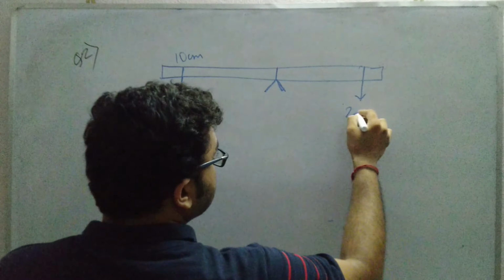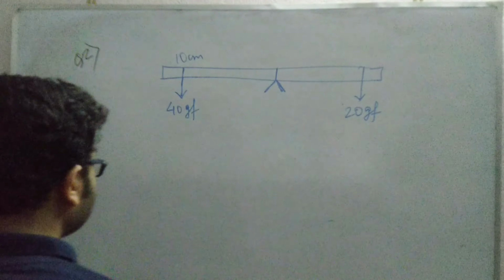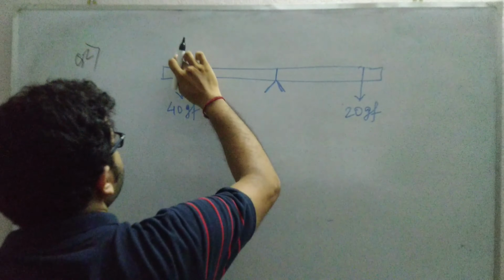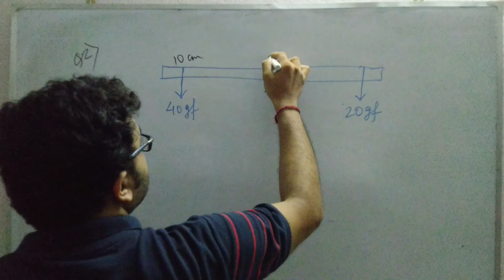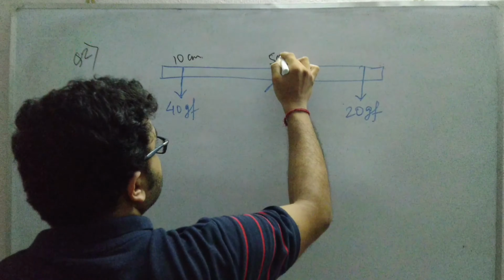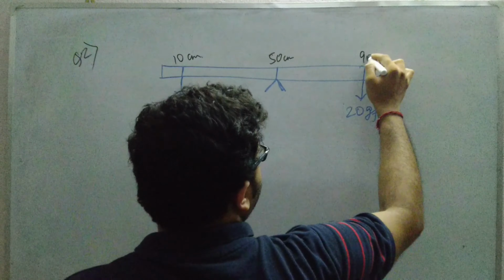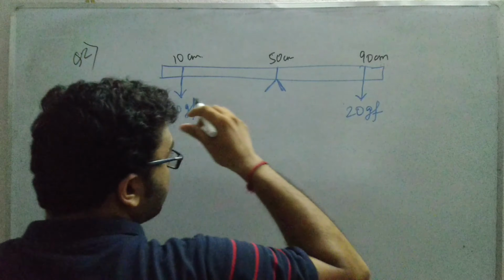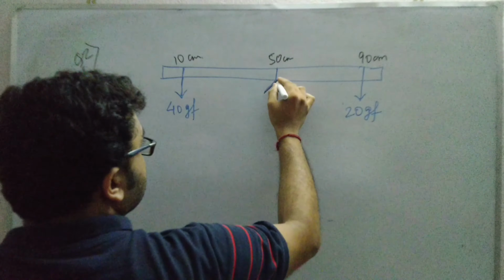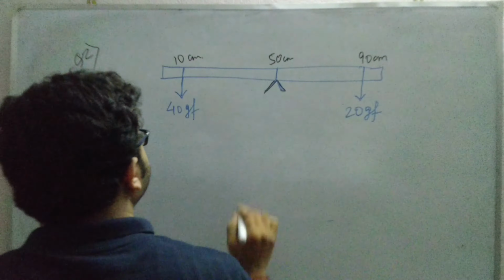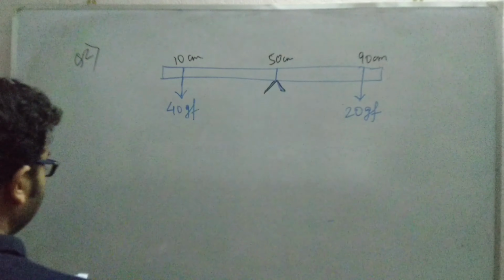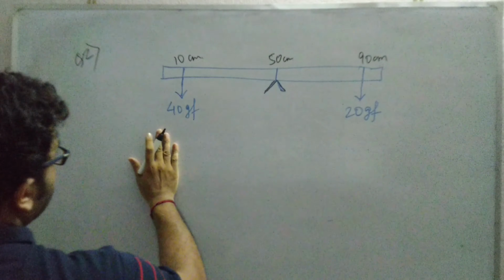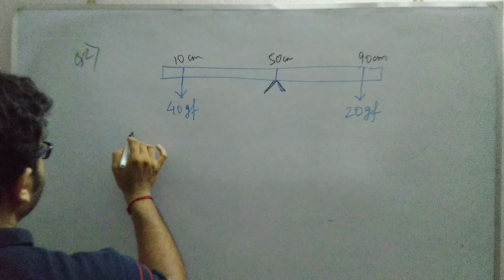This is the 10 centimeter mark, this is the 50 centimeter mark, and this is the 90 centimeter mark, and it has been pivoted at this point. I think the figure is clear to you all.